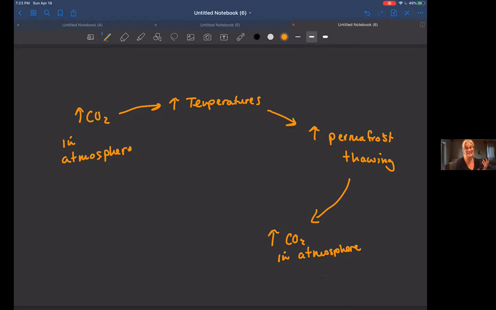CO2 is one of the gases that's released in the permafrost, but we could also talk about methane. So let's look at an increase in methane. This is a gas, right? That is also a really potent greenhouse gas. Permafrost thawing could also increase the methane.